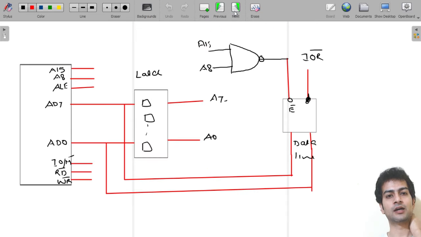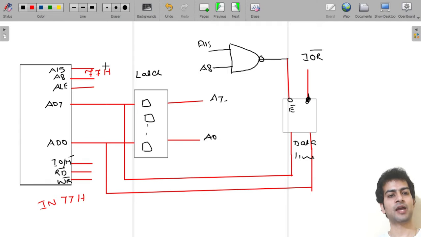Then see, from here we can discuss one important condition or concept also. If we have an instruction with address 77H, then this 77H address will also get copied at the higher order address line.